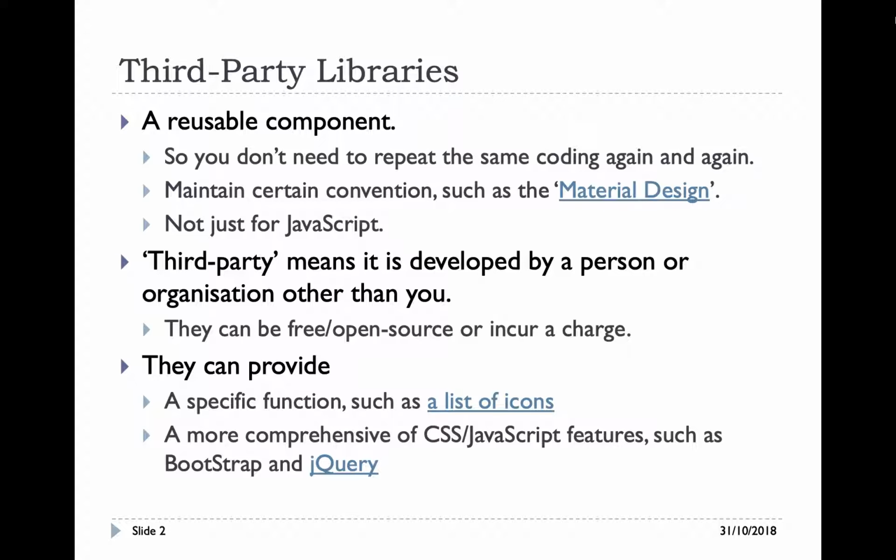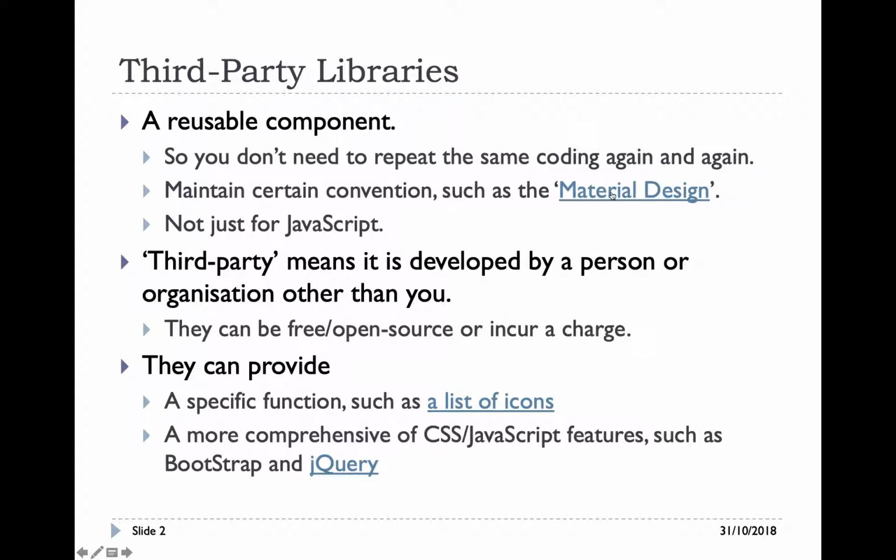Okay, first, very quickly, what are third-party libraries? In the report for the coursework, you have to specify any third-party libraries you used. These are components other people created, which you can use on your website without having to repeat the same coding.